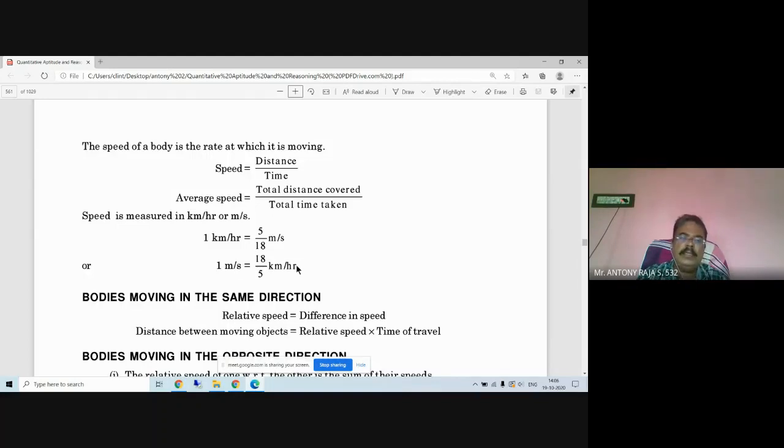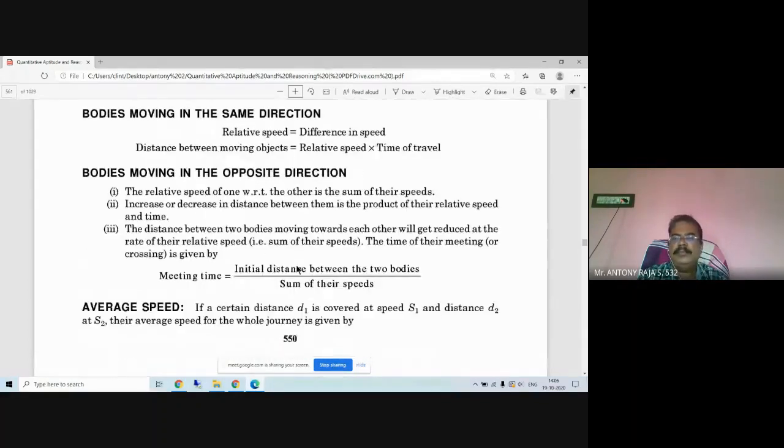Bodies moving in the same direction: relative speed is important. An engineering concept, do you know that? Assuming one car is moving at a speed of 50 km per hour, another car is moving at a speed of 100 km per hour.